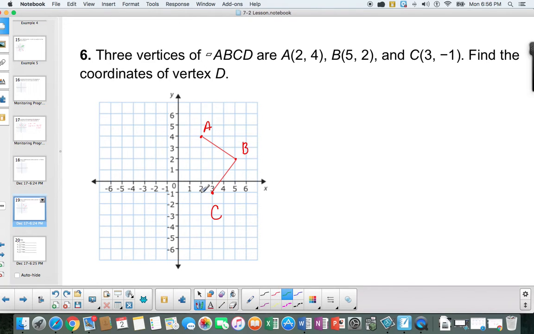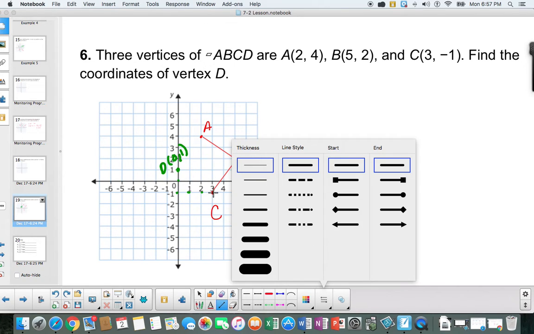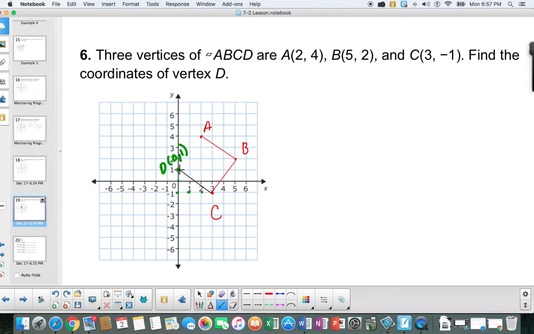I'm going to go 3 units to the left and then 2 units up, and this will be my point D, and point D is 0, 1. And that'll give me a parallelogram. And there we go.